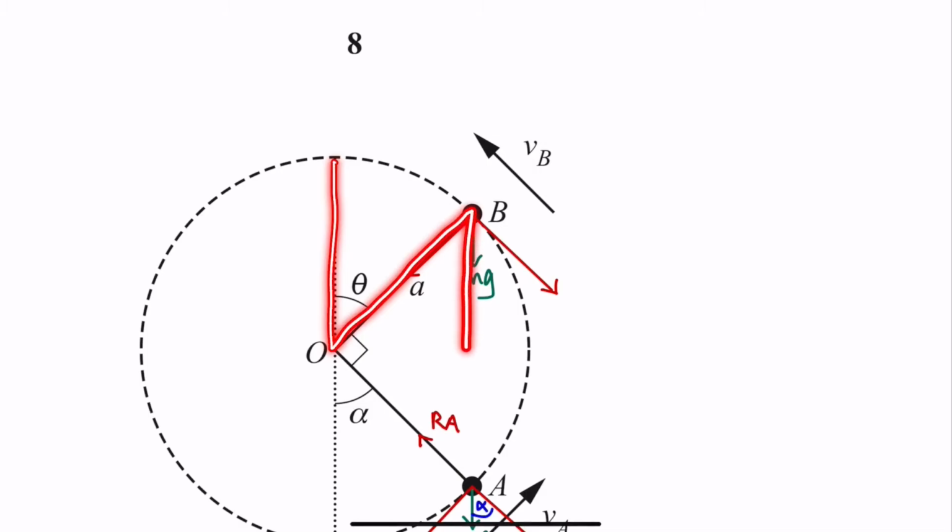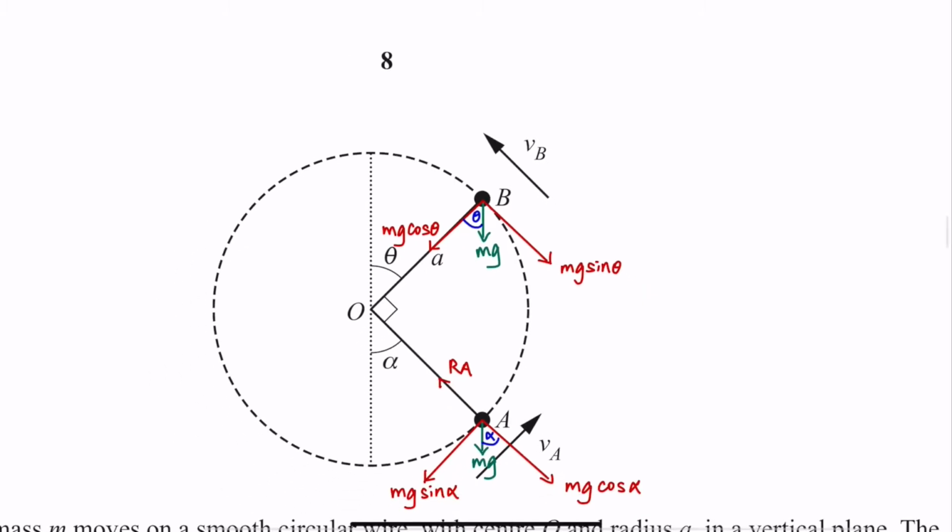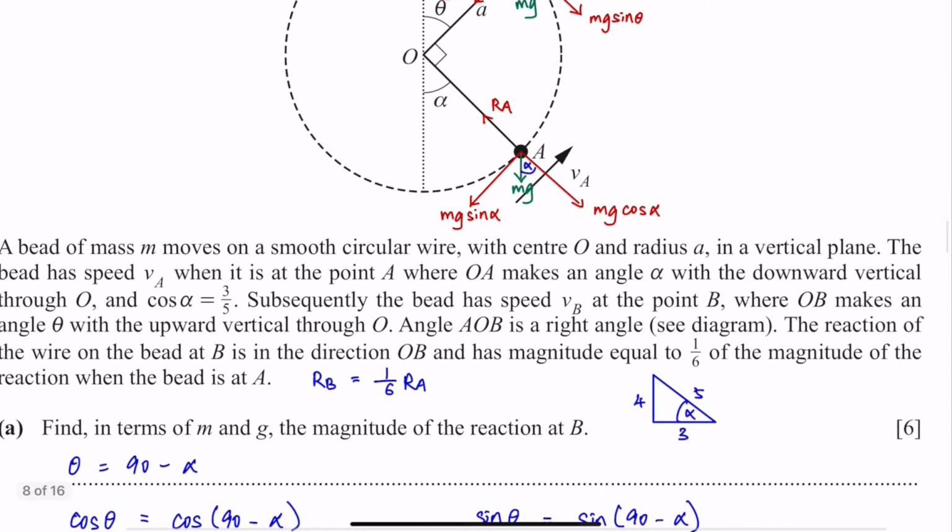From this, we can know that this is angle theta, and this would be mg cos theta, and this is mg sine theta. Also, don't forget about the reaction.